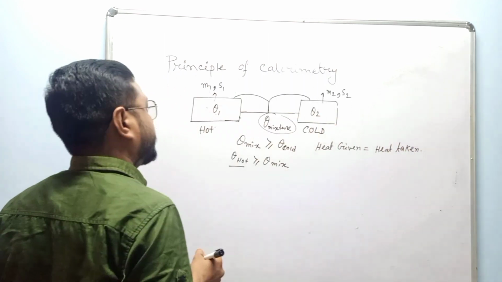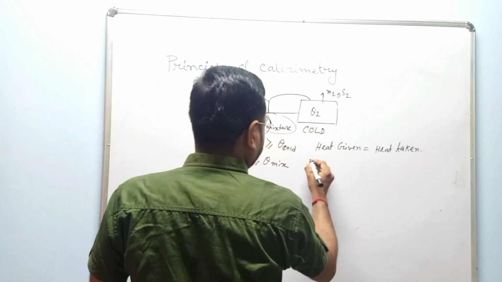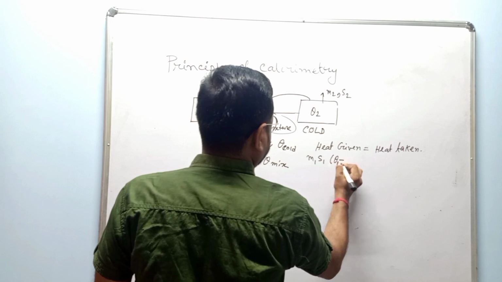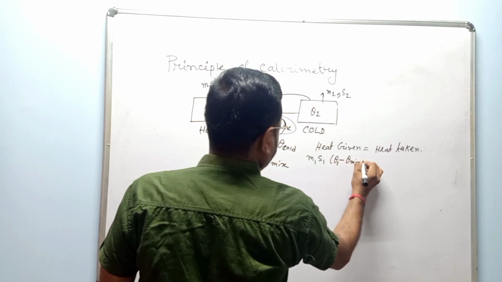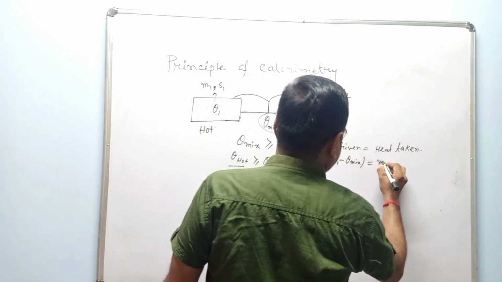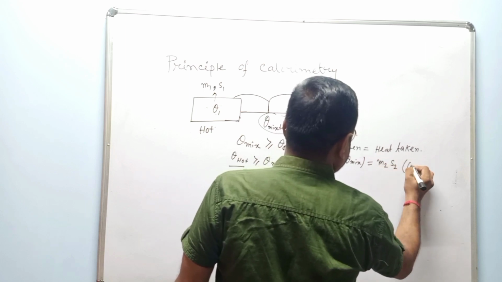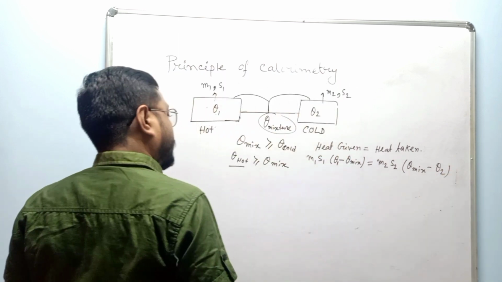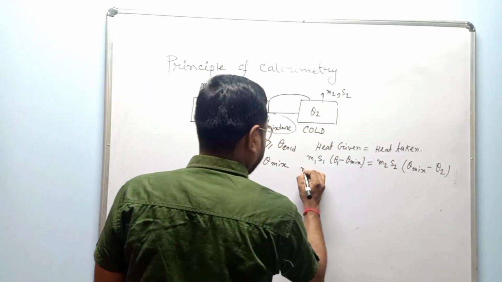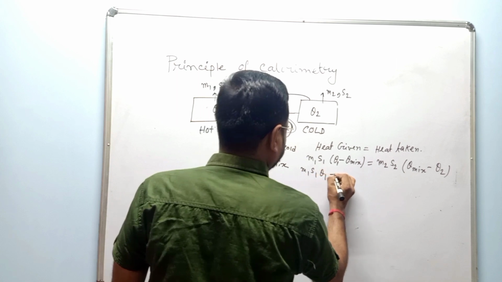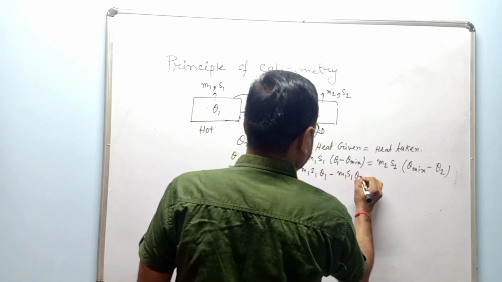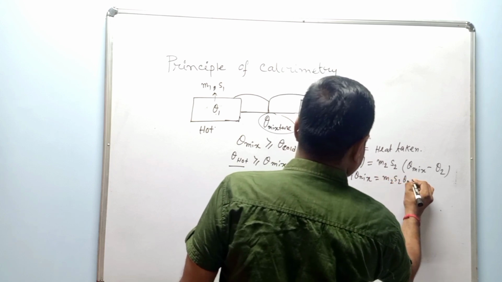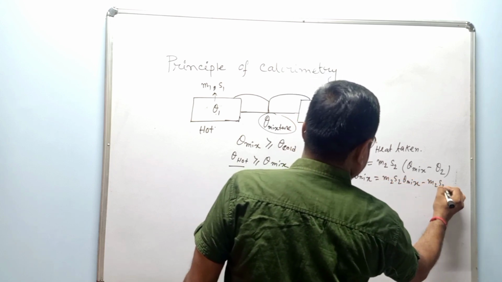So heat given by the hot body, m1 s1 (theta 1 minus theta mixture), is equal to m2 s2 (theta mixture minus theta 2). We can find theta mixture from here. m1 s1 theta 1 minus m1 s1 theta mix equals m2 s2 theta mix minus m2 s2 theta 2.